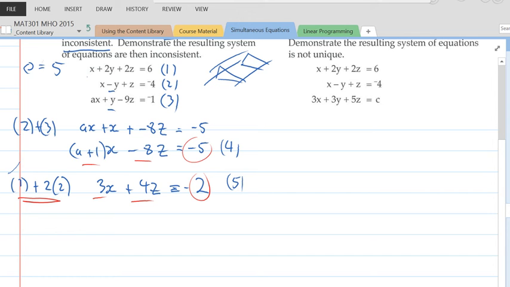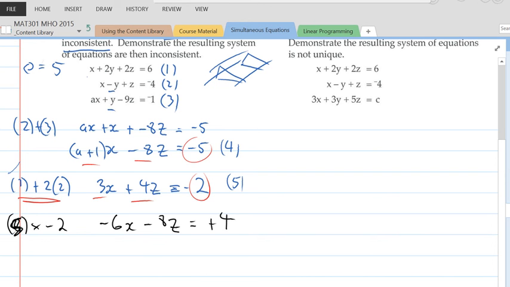Well, with equation 5, if I multiplied it through by minus 2, to get a minus 8, I would get them the same. So equation 5 times minus 2 is going to give me minus 6x minus 8z equals plus 4.